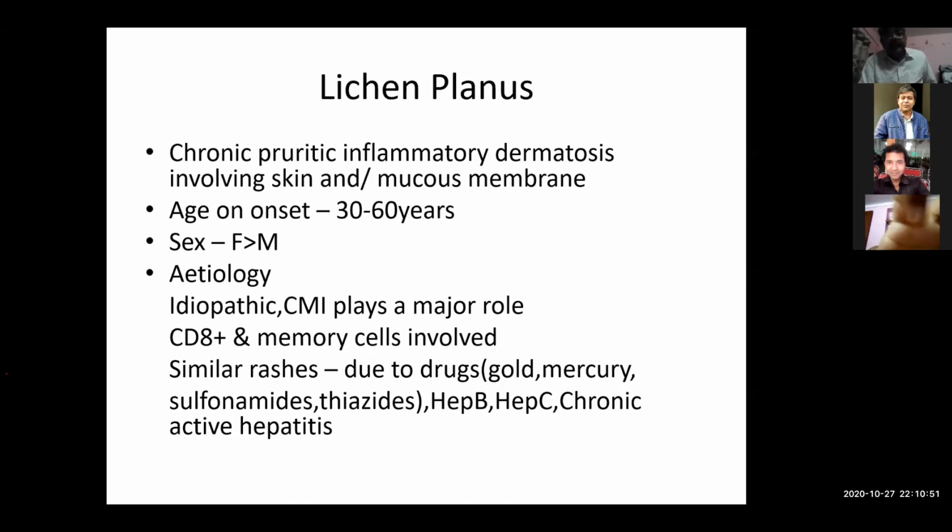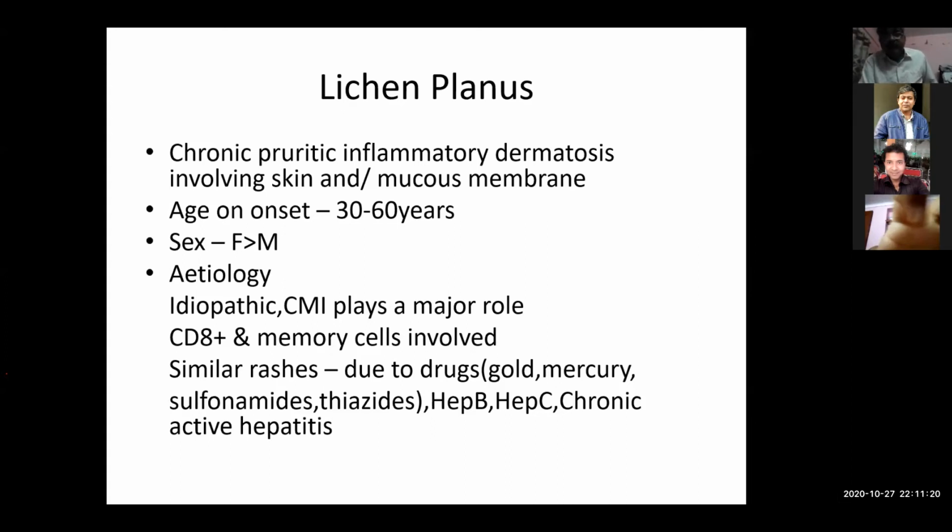Again, here, age of onset, we have a single age of onset, 30 to 60 years, quite a long range. Though in pediatric age group, you can also see lichen planus cases. Here we have a slightly more female predilection than males. And in etiology, basically it's idiopathic, right? Here we are telling idiopathic, please note. Again, here also CMI plays an important role with not only CD8 cells, memory cells are also involved.